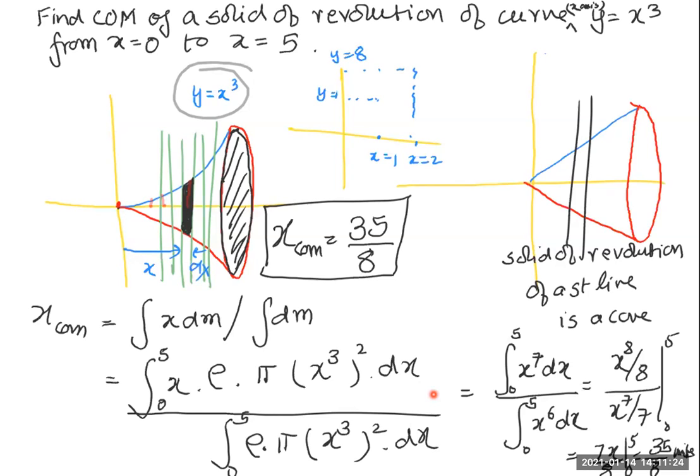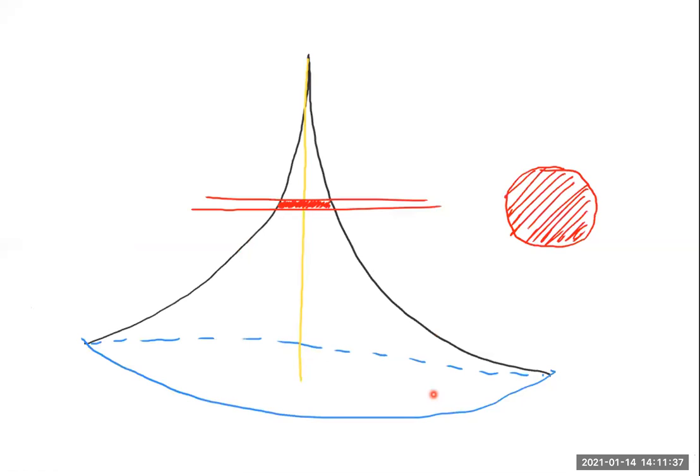For example, I showed you that the solid of revolution of a straight line is a cone. Please take a screenshot. So this is another way of looking at this object. हाँ, equation given होगा ना, नहीं तो फिर नहीं कर पाएंगे.